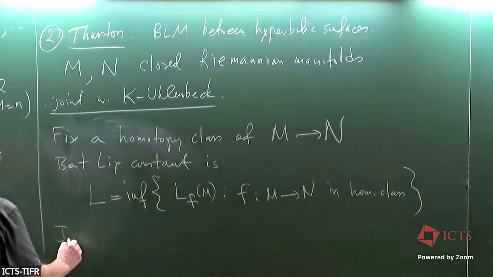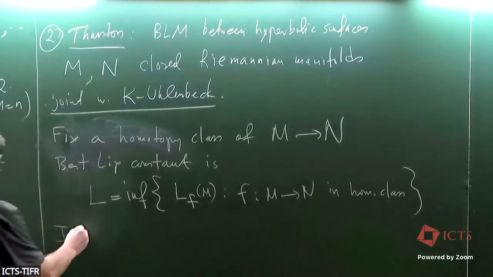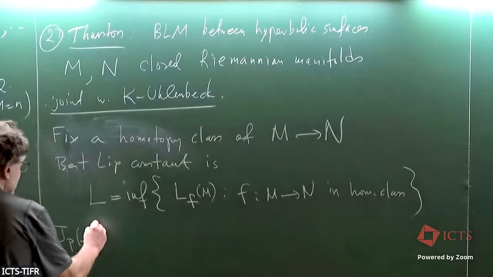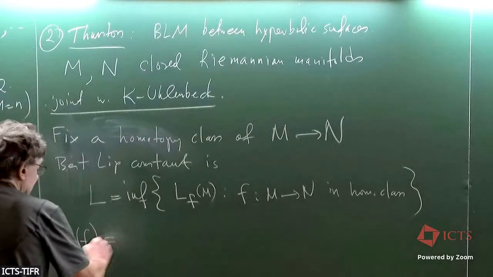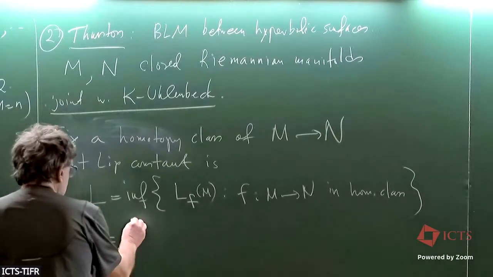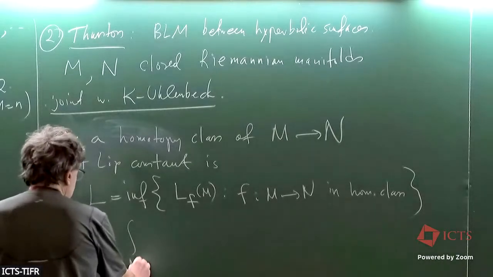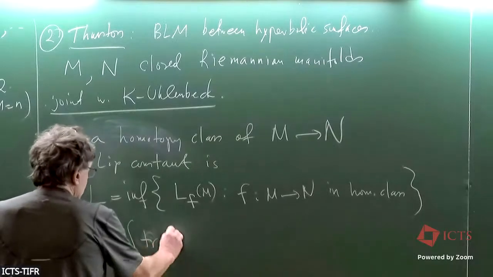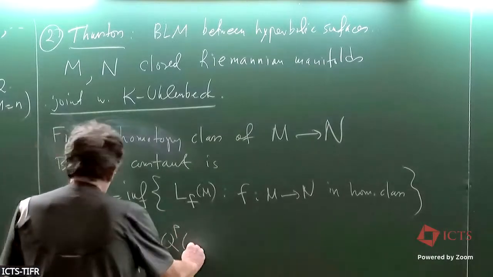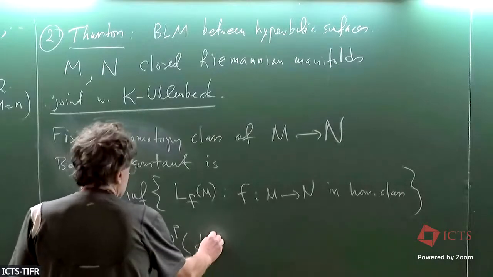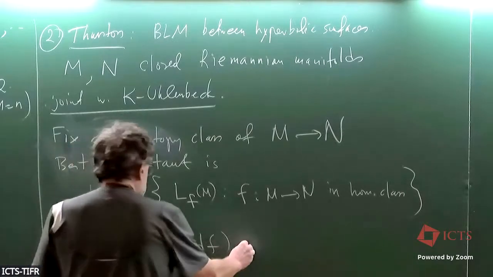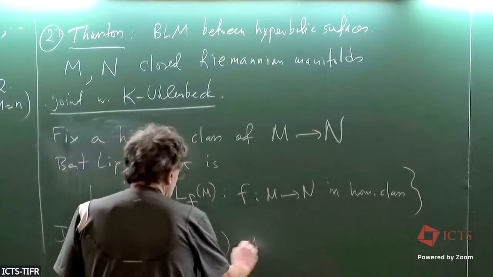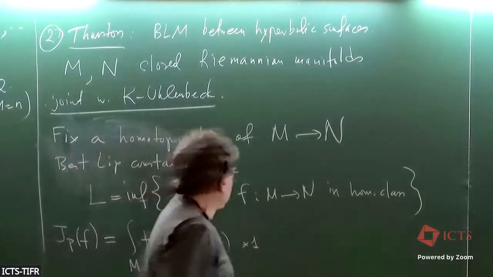So we define this one here as something like the trace of Q to the P of df star 1. Let me tell you what this is.